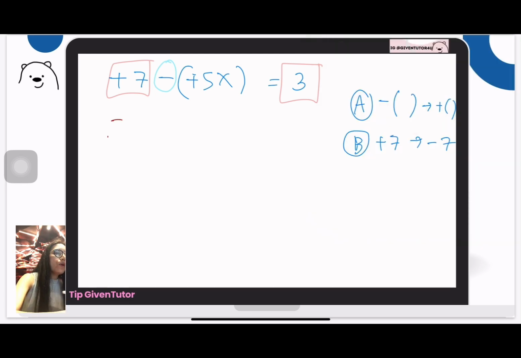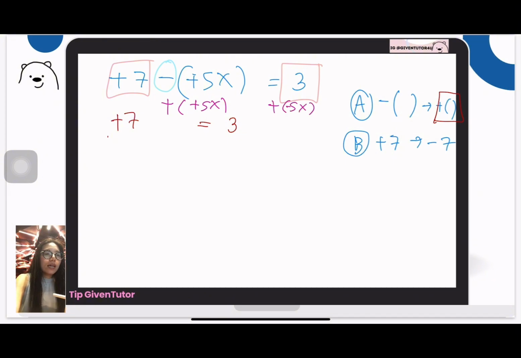Okay, so we will have this is plus 7 in here, and this is the 3 there also. So the first one will be plus with plus by x. This one is plus with plus by x, so this will be plus and plus by x. When you got 3, and then this one will be 3 and plus 5x.